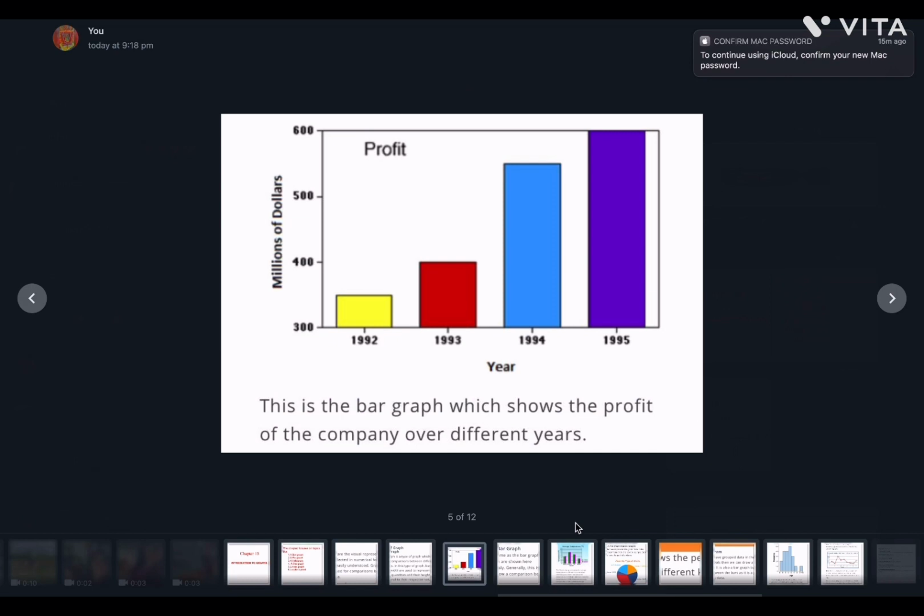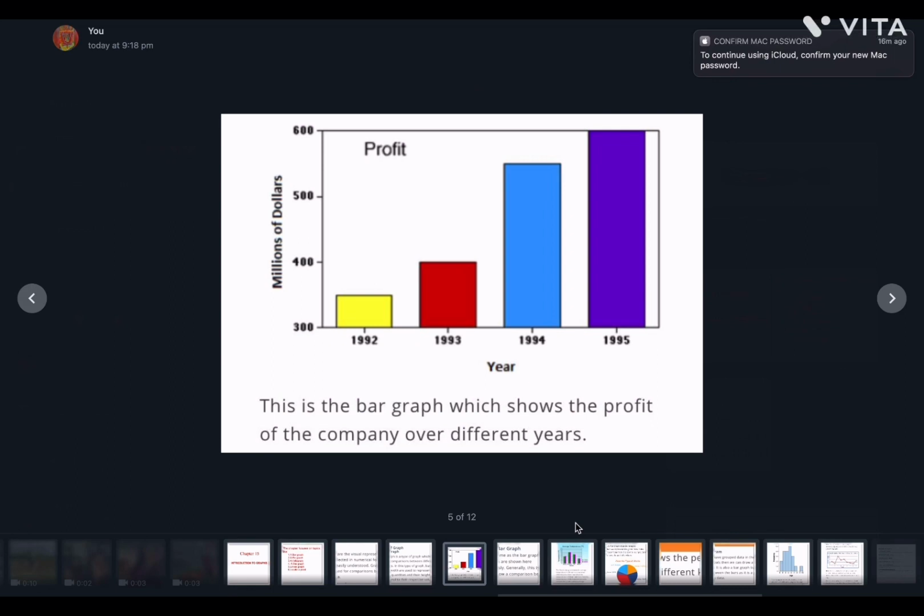In 1992, the profit is between 300 to 400. Then in 1993 the profit is 400 millions, in 1994 it is more than 500, and in 1995 it is 600.